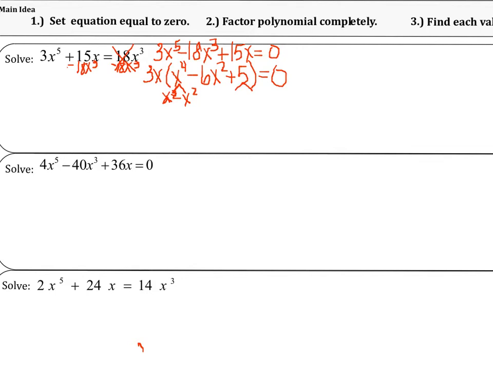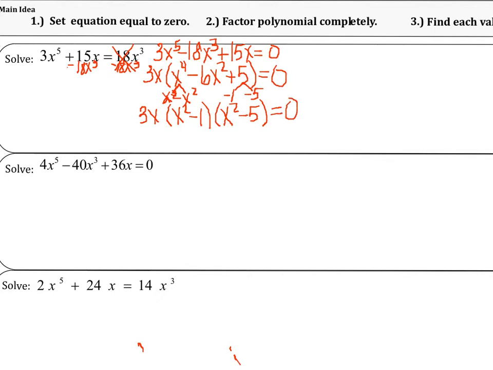Well, if I split that up, it'd be negative 1 times negative 5. So this actually factors into 3x times the quantity x squared minus 1 times the quantity x squared minus 5. And that equals 0.